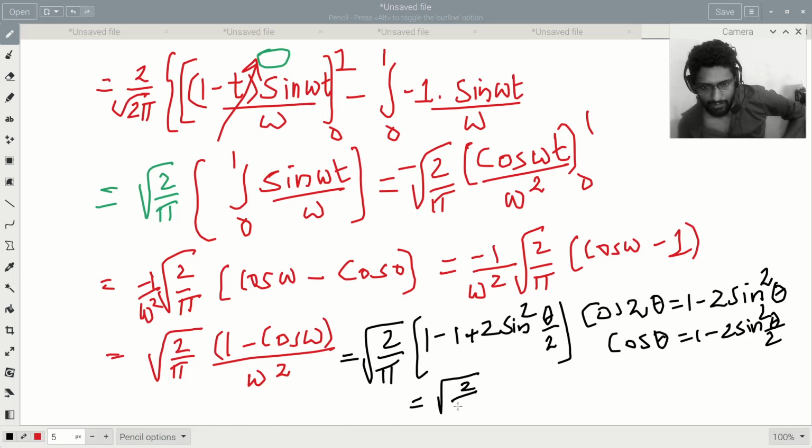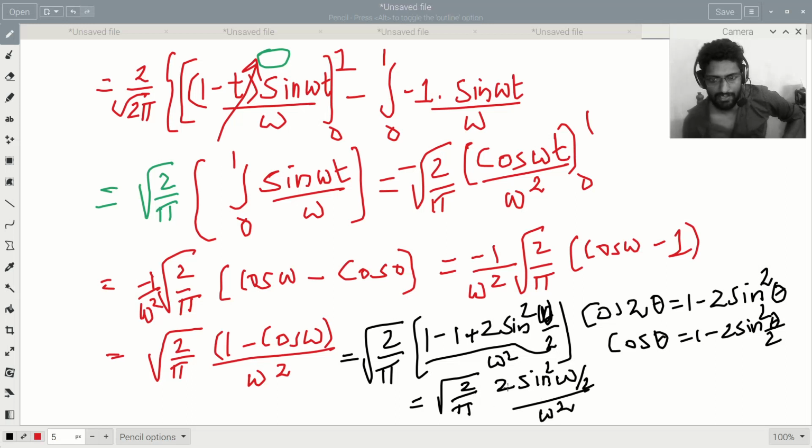Then we are left with, of course, omega square also: root 2 by pi, 2 sin square, oh, it's omega, yes, sin square omega by 2 divided by omega square. So there is a 2 there.